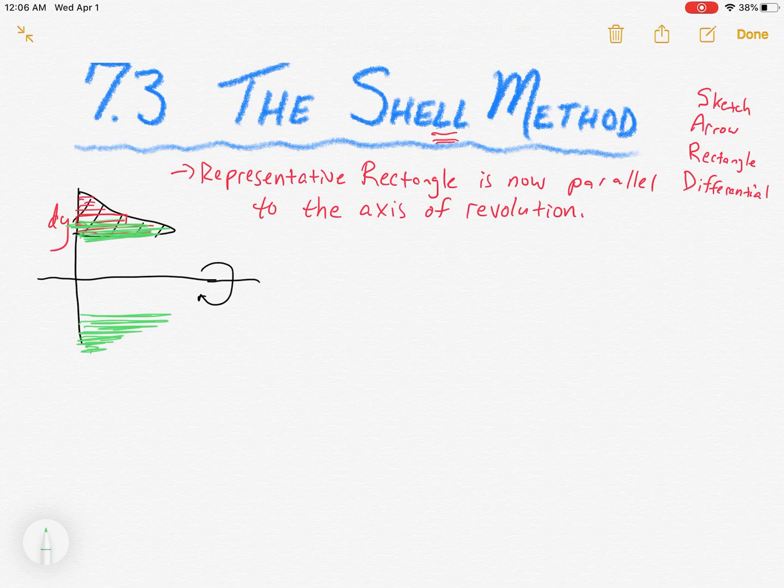Imagine you were painting it with thick paint, and it just got thicker and thicker. That's the idea of the shell method. It adds those layers. It makes me think of Shrek and the onion, right? It has layers. So that's the shell method.